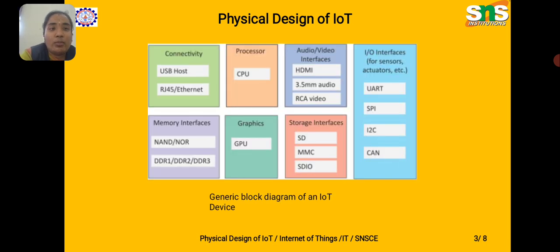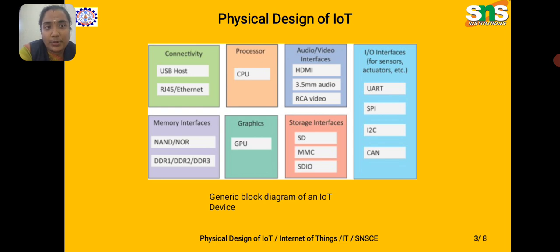In the given general block diagram of an IoT device, connectivity consists of a USB host and RJ45 Ethernet, and the processor consists of a CPU. Audio or video interfaces consist of HDMI cable, 3.5 mm audio, and RCA video. In the memory interfaces, we have NAND and NOR flash, DDR1, DDR2 and DDR3 devices.